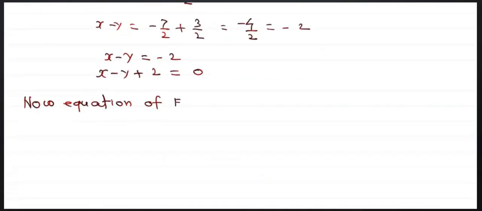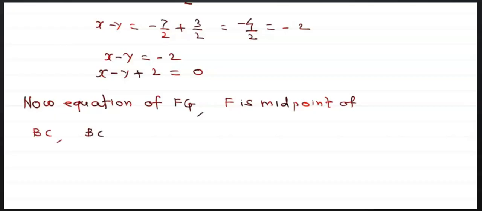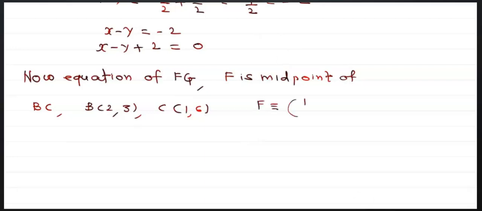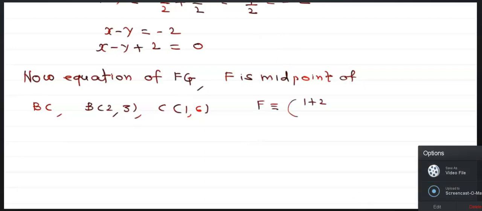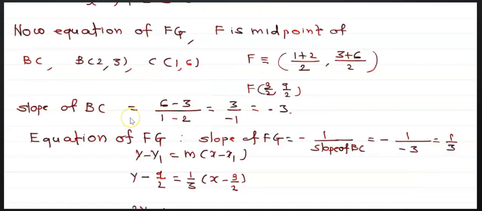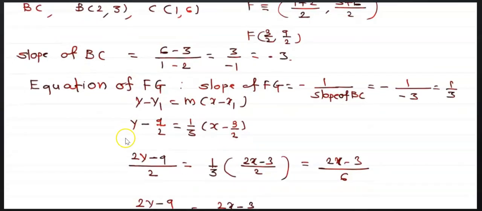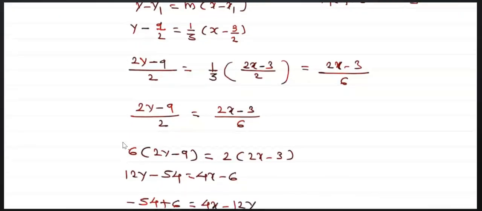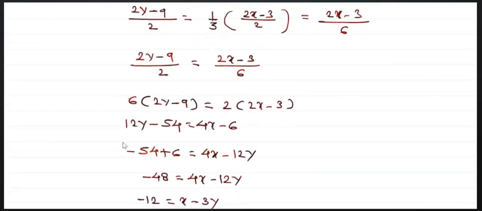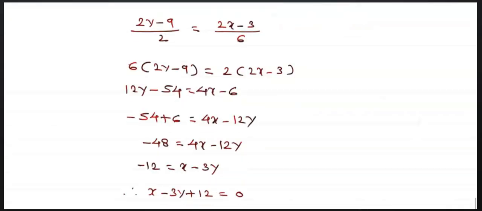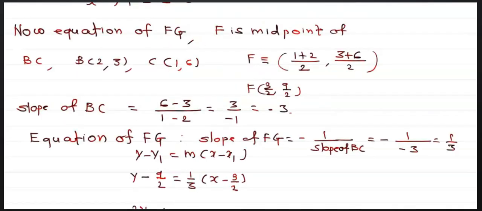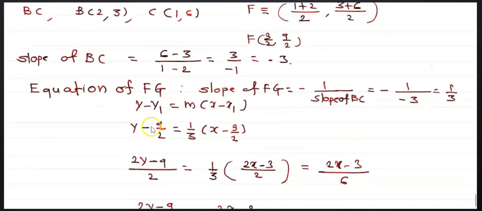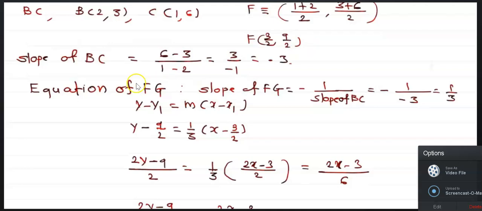Now the next, equation of FG, where F is the midpoint of BC and the point B is 2, 3, C is 1, 6, and the coordinate of the point F is the midpoint. You can see again, the coordinate of F is 3 by 2, 9 by 2.